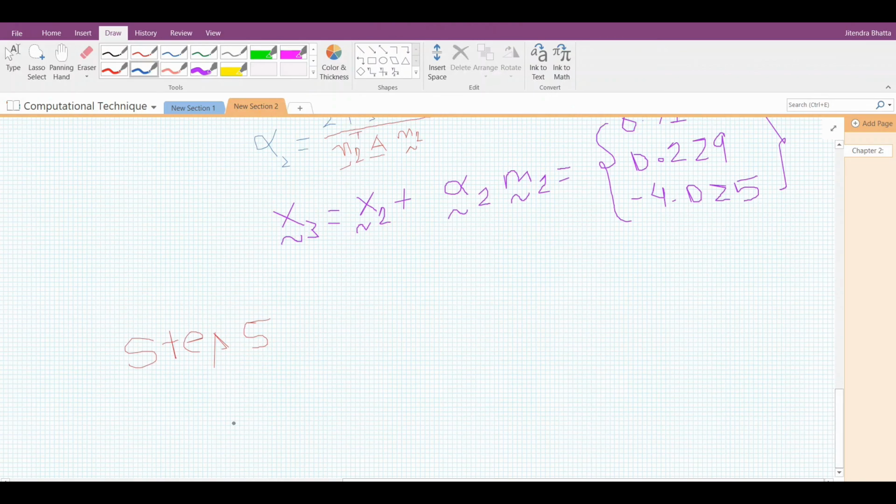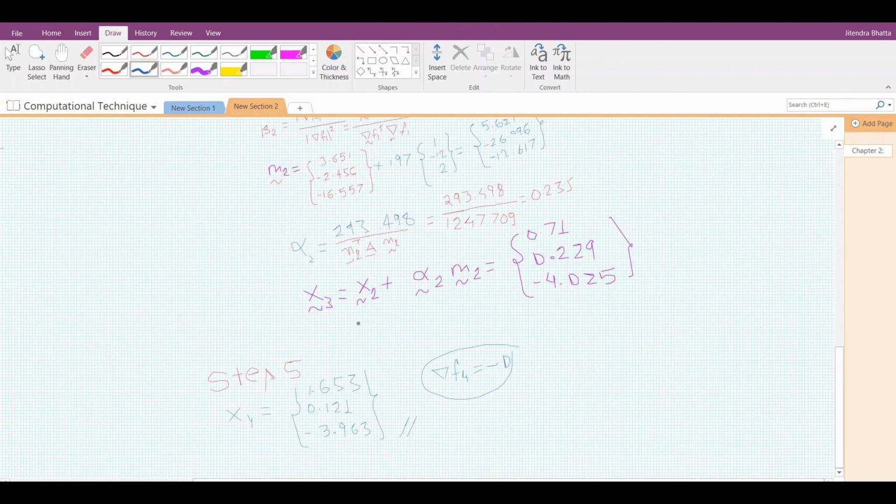By doing so, you reach your x4, now this should be your solution, and then when you want to find this value here for your fourth one, it should be nearly equal to 0, and that's when you stop. So this is how you solve this problem.